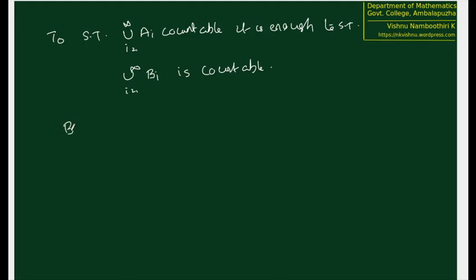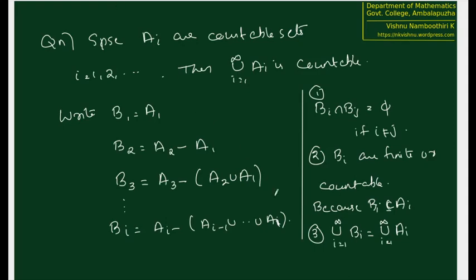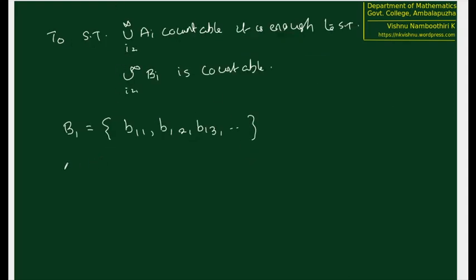We know that b_1 is either finite or countable. Therefore we can write b_1 equal to b_11, b_12, b_13, etc., and this is possibly finite. This is because the b_i's are all countable or finite, so we can label them like this.